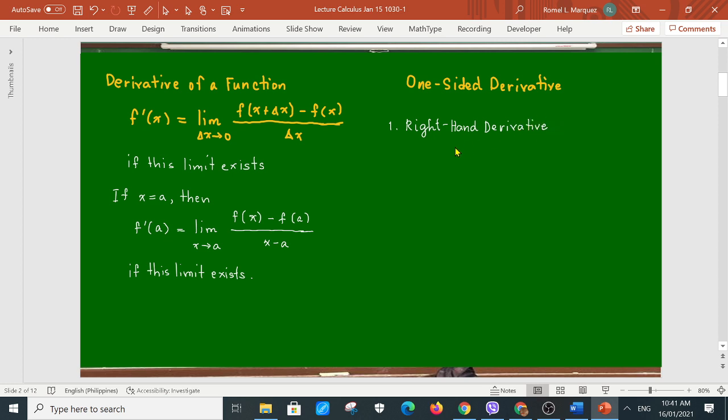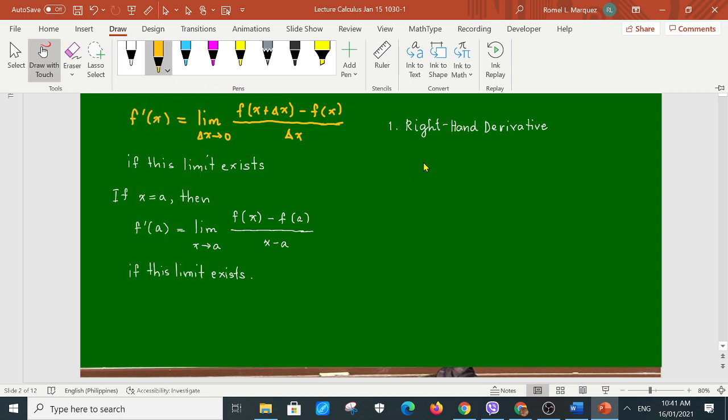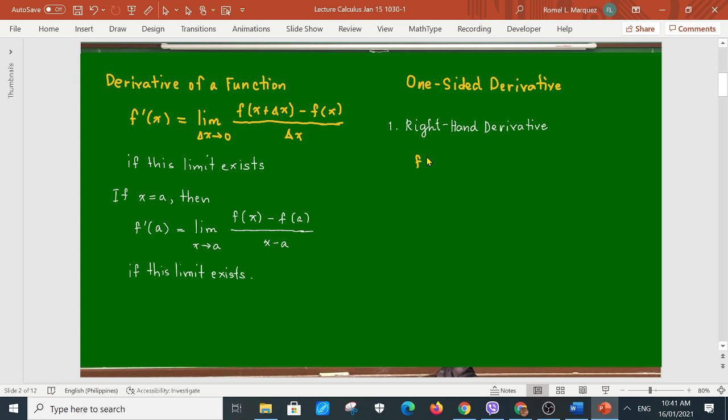For the right-hand derivative, we say that the derivative of f at x from the right, we put a plus below here, is equal to the limit as delta x approaches 0 from the right.